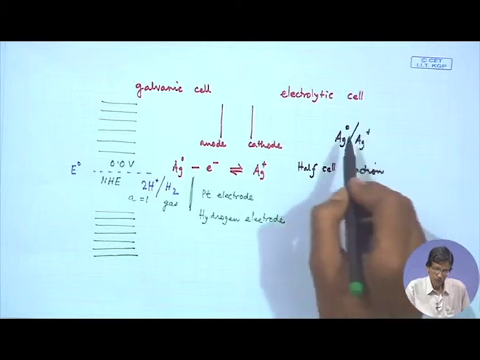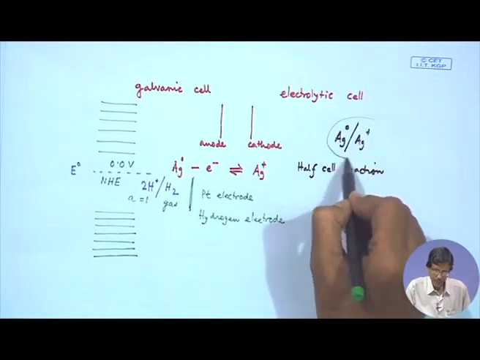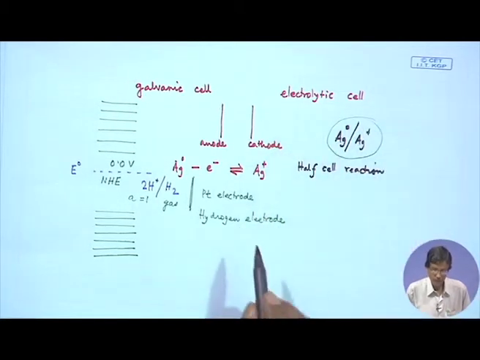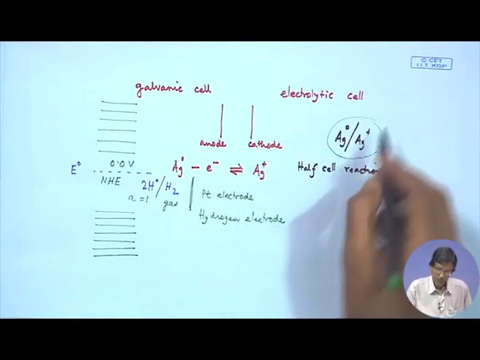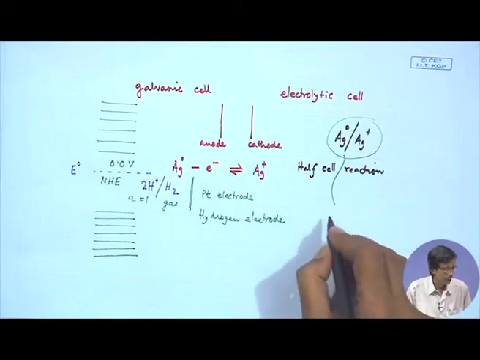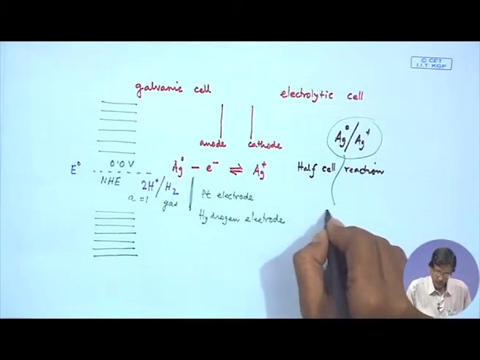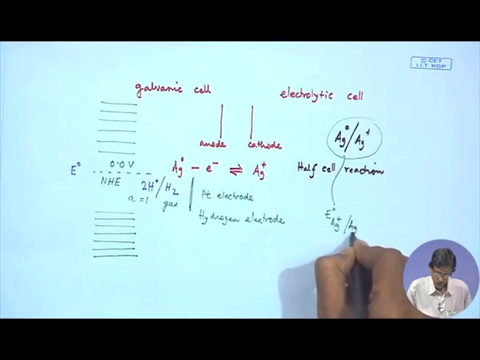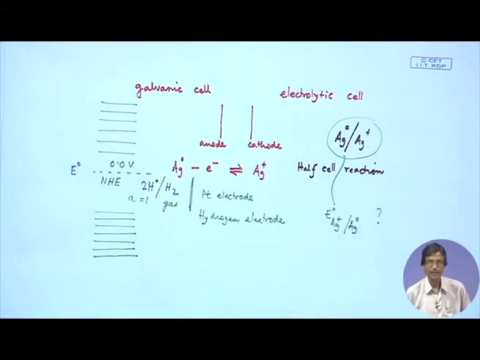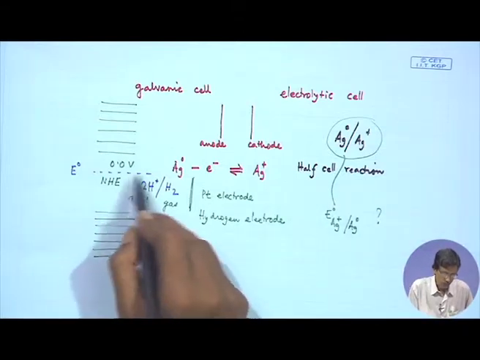So, if we consider a half cell reaction of silver plus and silver 0, how do we get the corresponding standard electrode potential, that means the E0 value for Ag plus Ag 0? By definition, we are talking in terms of electron transfer reactions with respect to this hydrogen electrode.